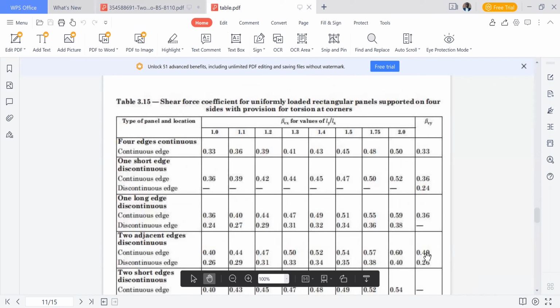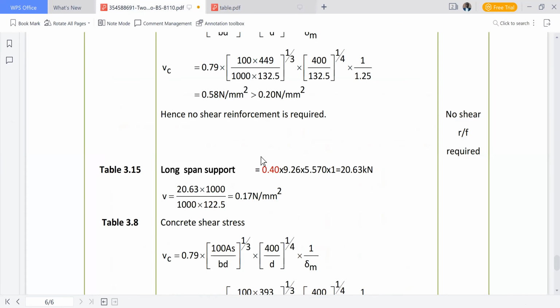I told you for the case of the long span, you use the last column, so 0.4. Now this 0.4 in red, you multiply by the design load times short span times 1 meter width, and you get 20.63.